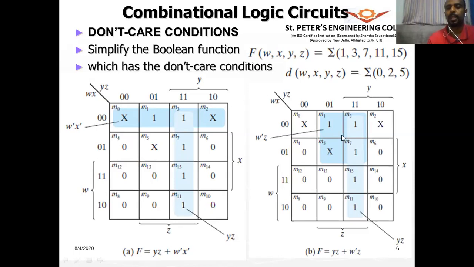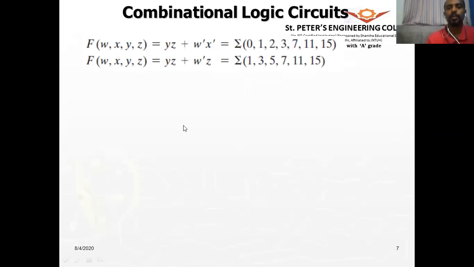Here we have taken M5 for the grouping; earlier we took M0 and M2. So we ended up with 2 different results. The first is F = YZ or W complement X complement, and by this combination, F = YZ or W complement Z. So we have ended up with 2 equations.